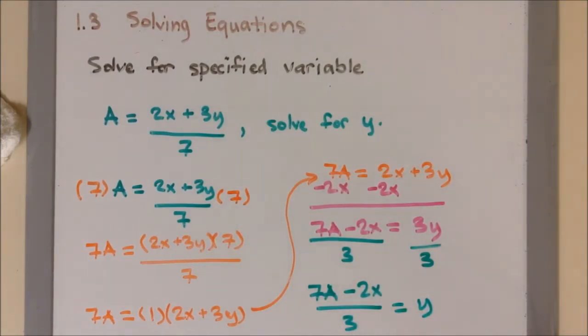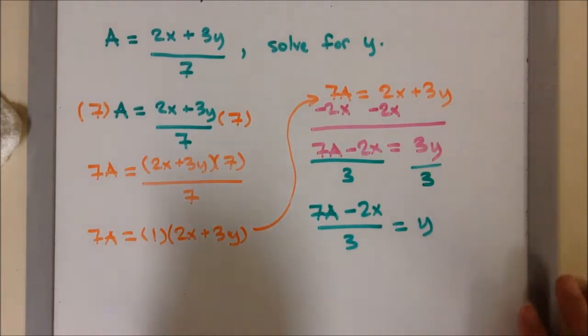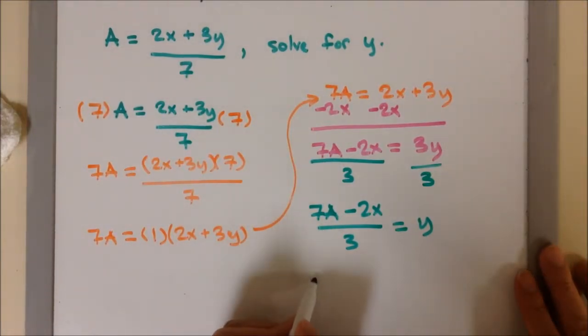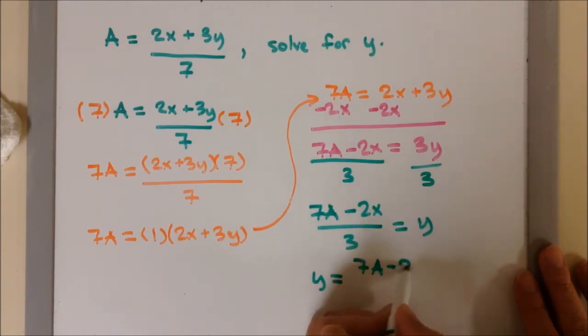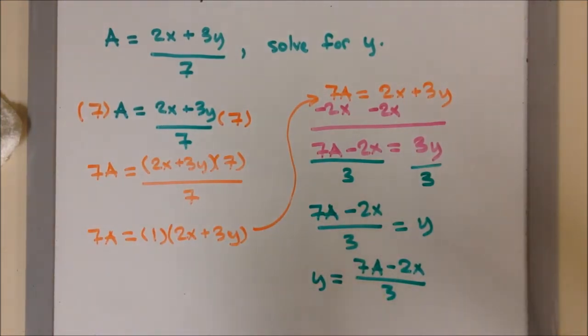Since y is on the right side, that's okay. All you've got to do is just flip it. So on the left side is y equals, and on the right side 7 capital A minus 2x over 3. So that is our final answer.